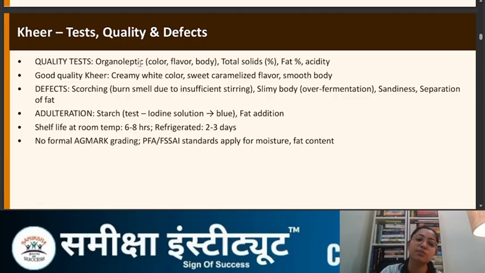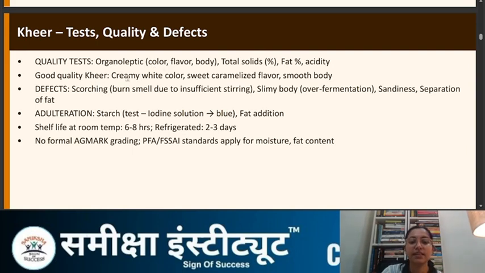I've already mentioned organoleptic tests when we studied the processing of raw milk during the pasteurization class, where we studied that sensory evaluation of milk can be done through organoleptic tests. It is the evaluation of color, flavor, body and texture. Total solids, fat percentage and acidity can also be studied. So these are the quality tests that can be done for kheer.